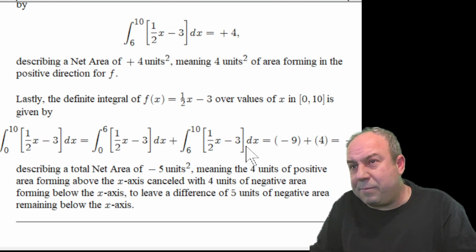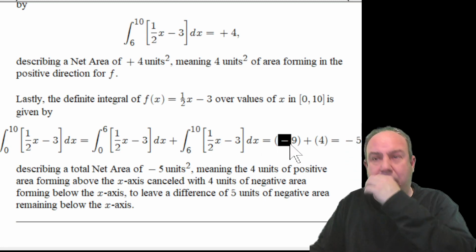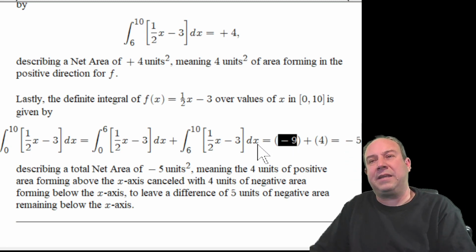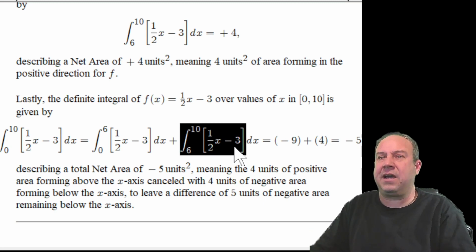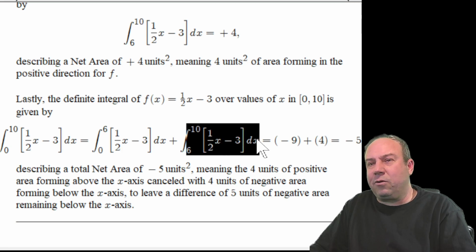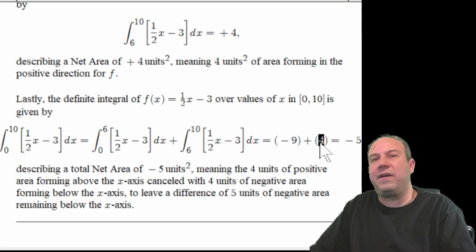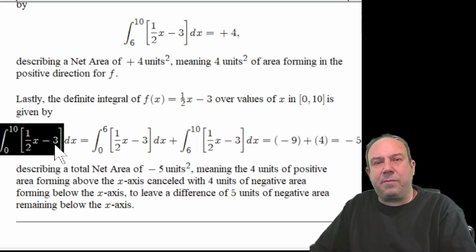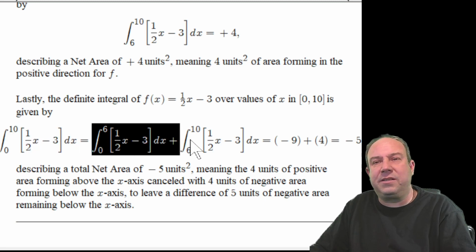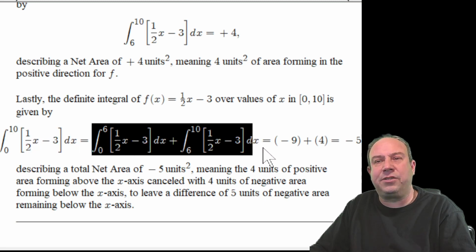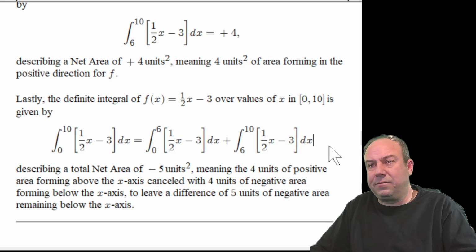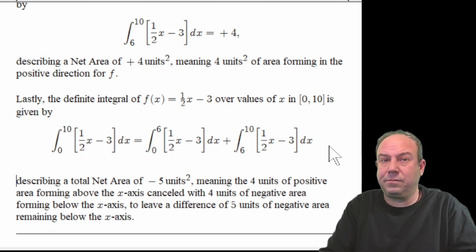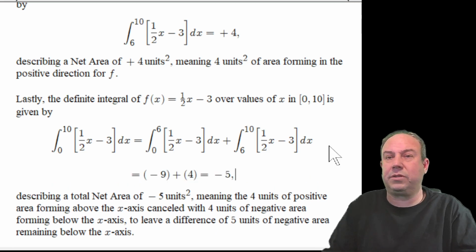And if I set it up that way, yes, that would correspond to that first integral being -9, and the second integral being +4 in value. When we think about integrating from 0 to 10, we can consider it as being this calculation seen here. Let's go ahead and move this down. Put that right below here.